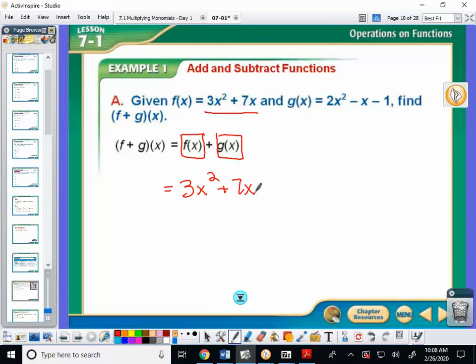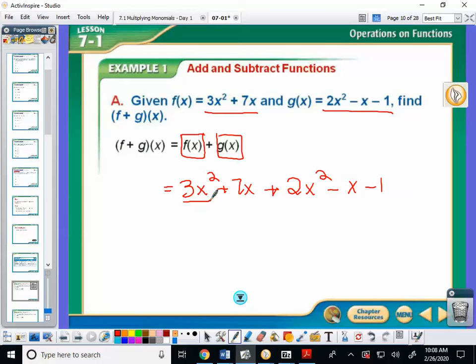Plus our g of x function. This is our g of x. Okay, Wyatt, here's a note for you. Our g of x function is 2x squared minus x minus 1. We are simply just adding those two functions together. There are two polynomials that we're adding. Add your like terms.